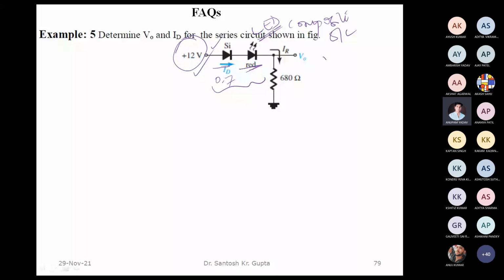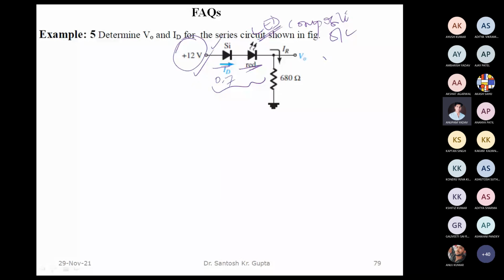So before proceeding, we have to compare the input with the potential barriers of the diodes connected in series, added together. If the input voltage is greater than the potential barrier of both diodes, the diodes will be on and can be replaced by their equivalent circuit.